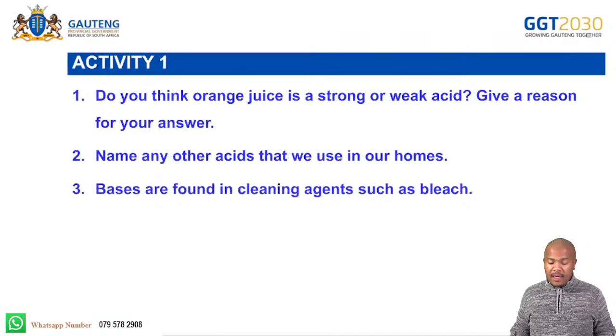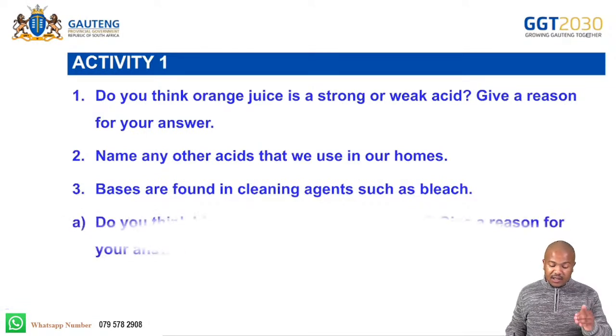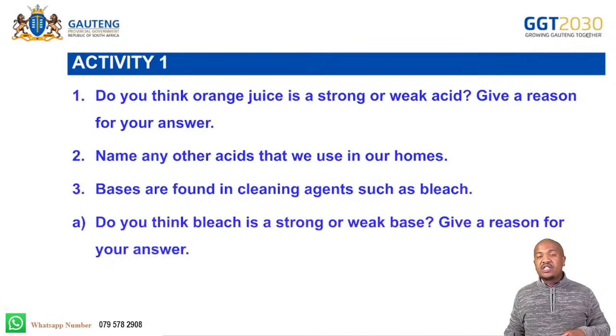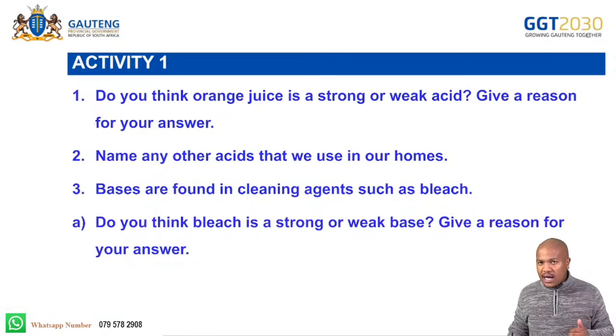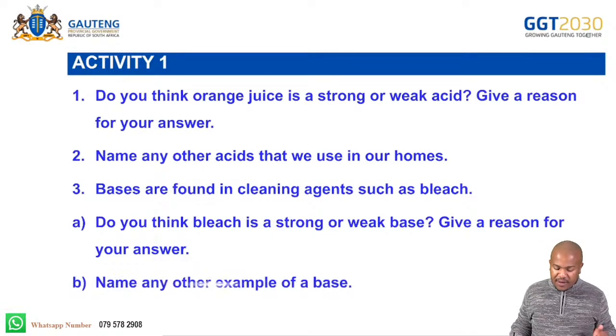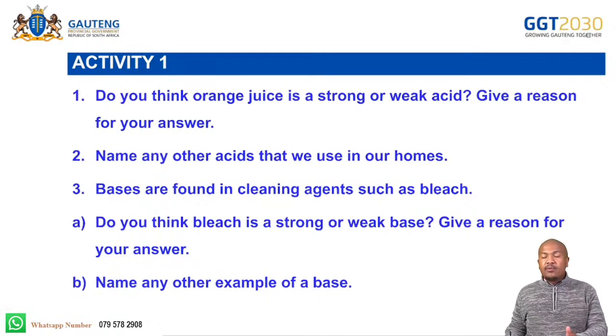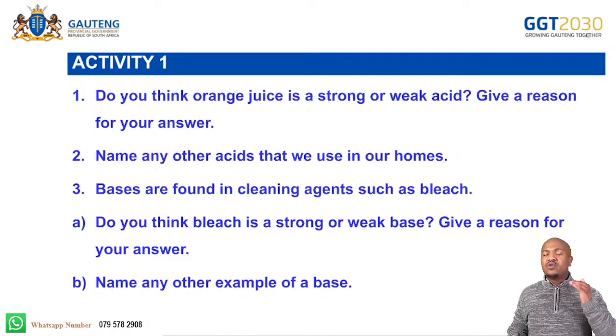Number 3, bases are found in cleaning agents such as bleach. 3A, do you think that bleach is a strong or a weak base? Give a reason for your answer. 3B, name any other example of a base. For this activity, I'm going to give you 5 minutes to copy down and complete it. When you are done, don't forget to send in your answers on our WhatsApp number, which is 079 578 2908. Let's meet again after the activity.